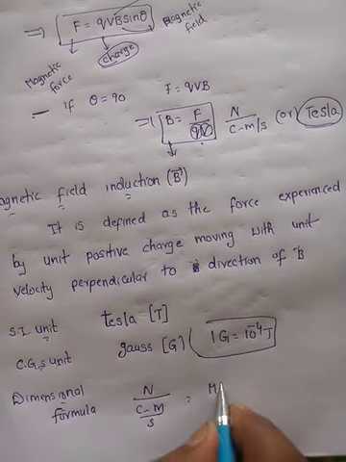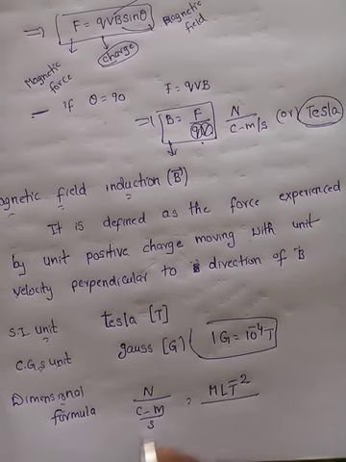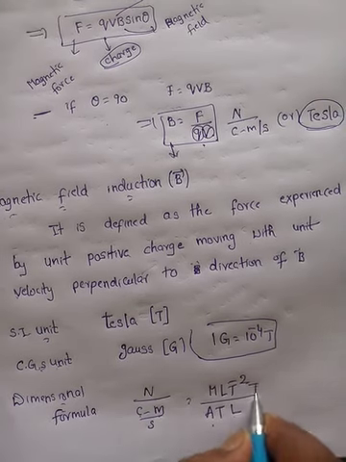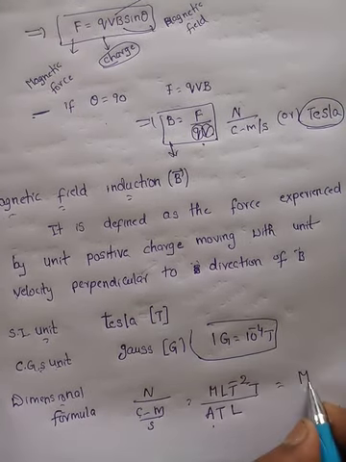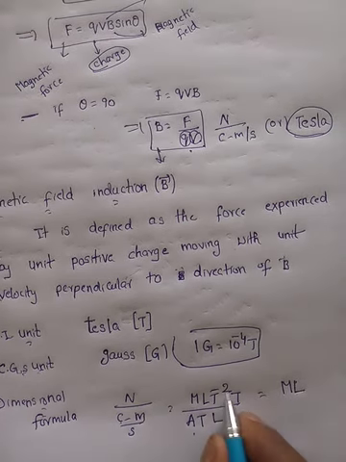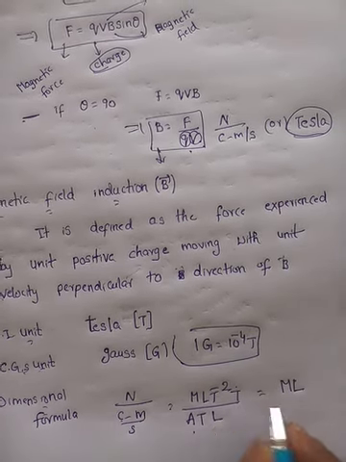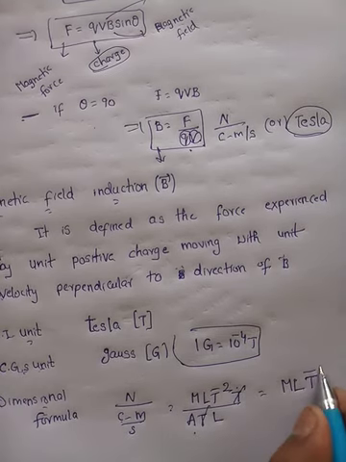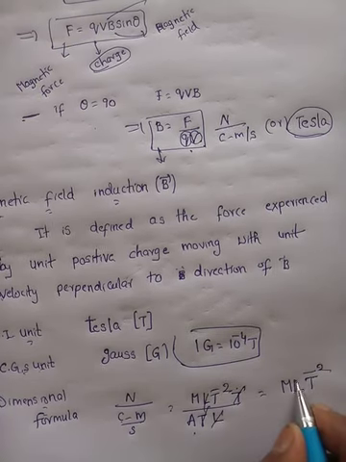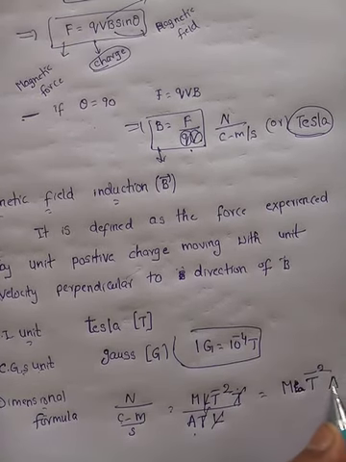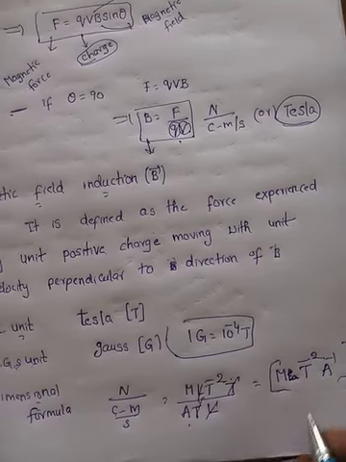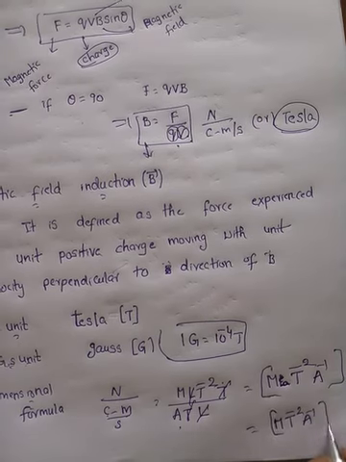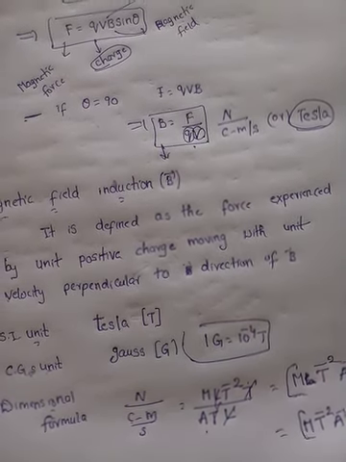Newton is M L T power minus 2, Coulomb is A T, L, second is T. So that is equal to M L T power minus 2 by A T L T. We can cancel these two, yes, L also cancels. So we get M T power minus 2 A power minus 1. So M T power minus 2 A power minus 1 is the dimension formula for magnetic field.